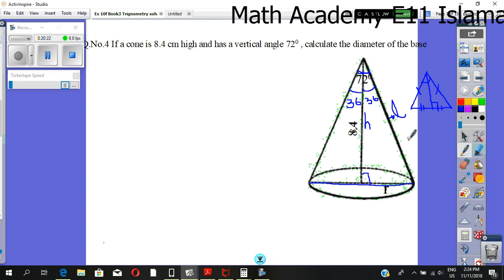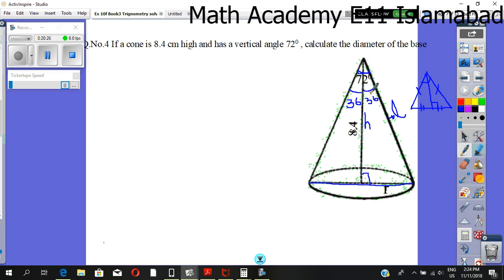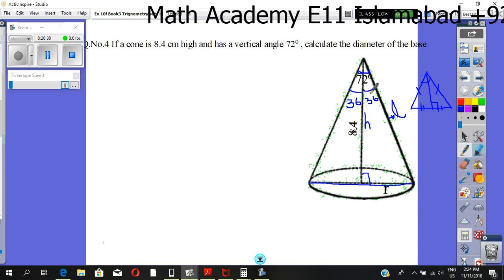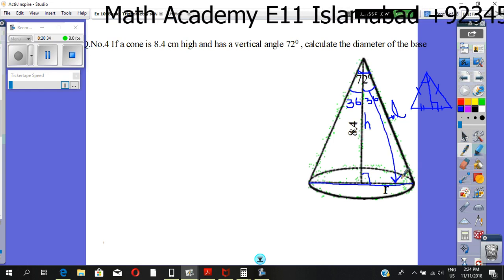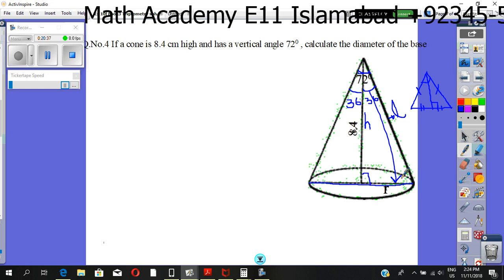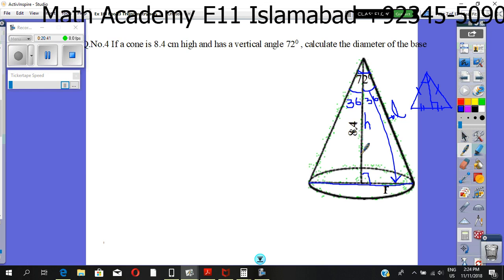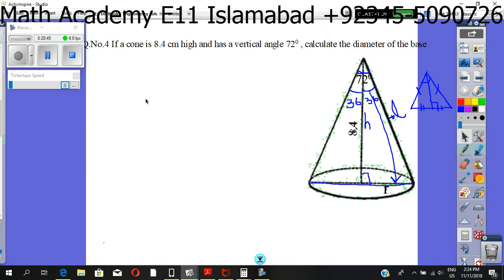Okay, the opposite of the 36 degree angle is R, let's say, and the adjacent is 8.4, the height of the cone.